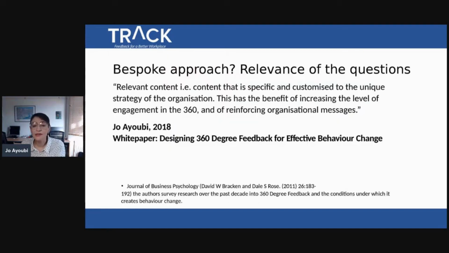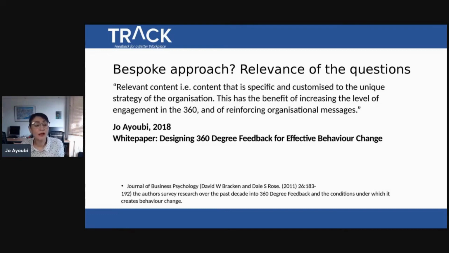I guess there's also a bespoke approach. The models that we've talked about, some of them are a specific test, some of them are a written model. You could also look at a bespoke approach.